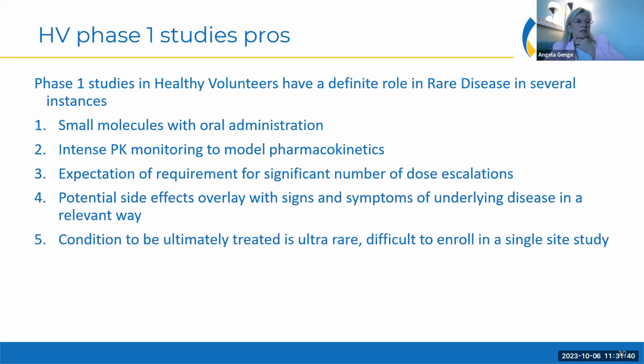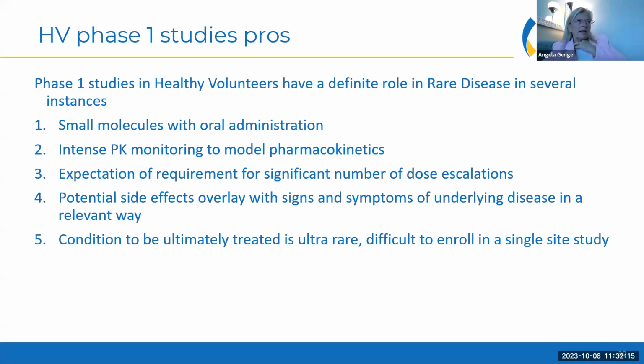It actually is most conducive to small molecules with an oral administration, in my experience. And the healthy volunteer studies play a particularly important role if the pharmacokinetics or your PK modeling in the human circumstance, which is who we're treating, has any reason to be different than in your non-human primates or in your IND enabling studies.